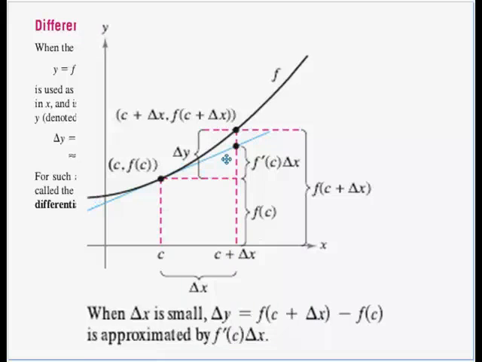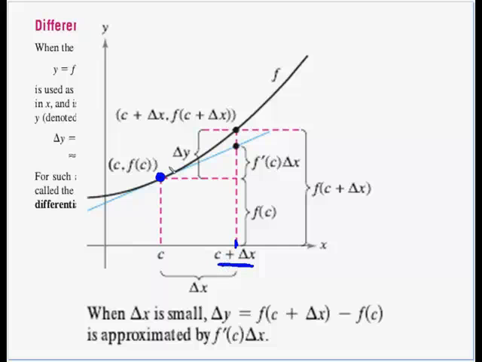Here the curve is our function f, and the blue line is our tangent line approximation. Here at point c is our point of tangency. If we move along the x-axis some amount delta x, we've moved this amount delta x to the right on the x-axis to this point c plus delta x.